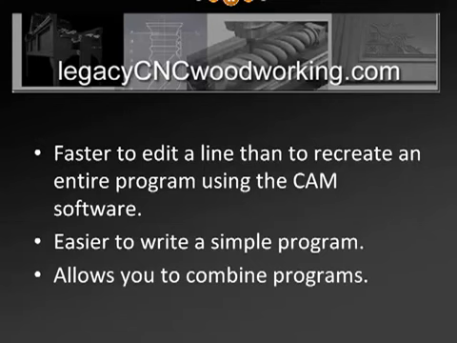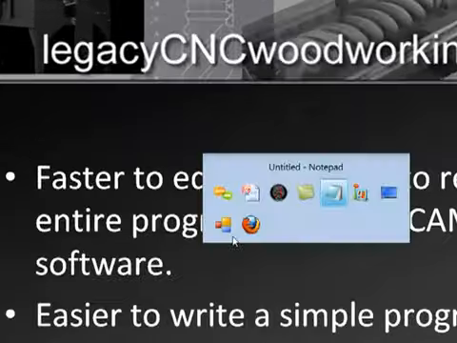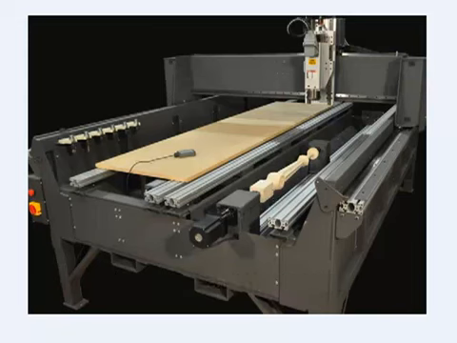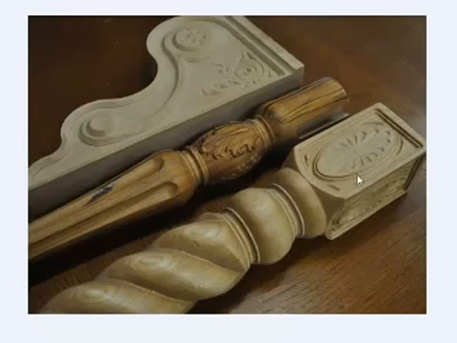The other thing is that it allows you to combine programs. This is one of our machines, and it's got a part mounted here between centers. Now this particular spindle actually uses a couple of different programs. I'll show you another example right here. Here's a spindle and here's a spindle that use several different programs.